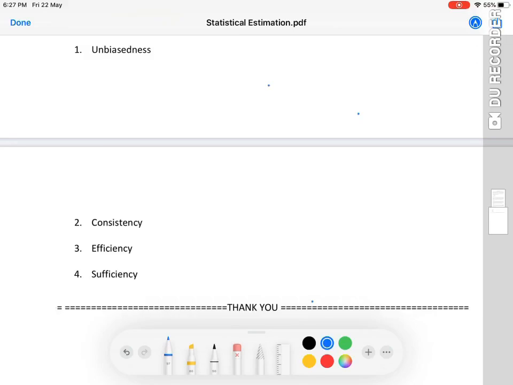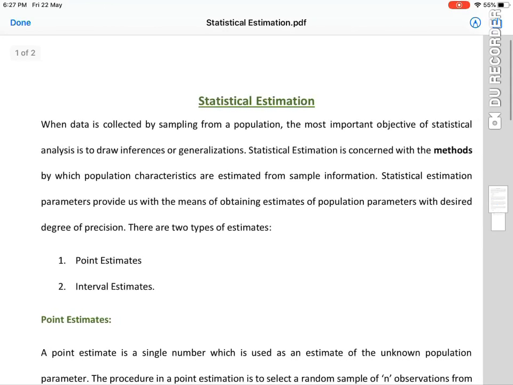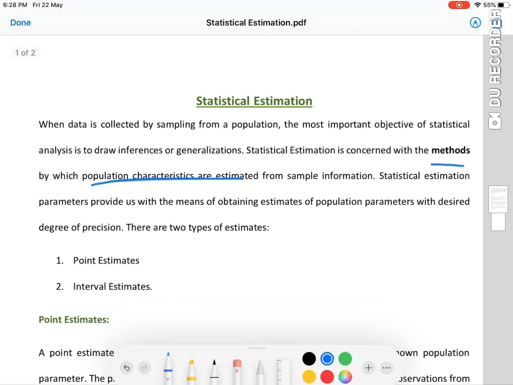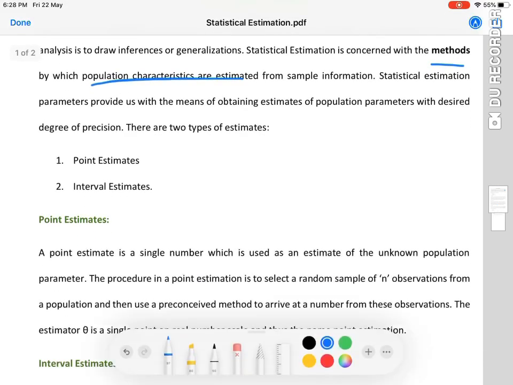Let us recap what we have learned. Statistical estimation is concerned with the methods by which population characteristics are estimated with sample information. There are two types of statistical estimates: point estimate and interval estimate.